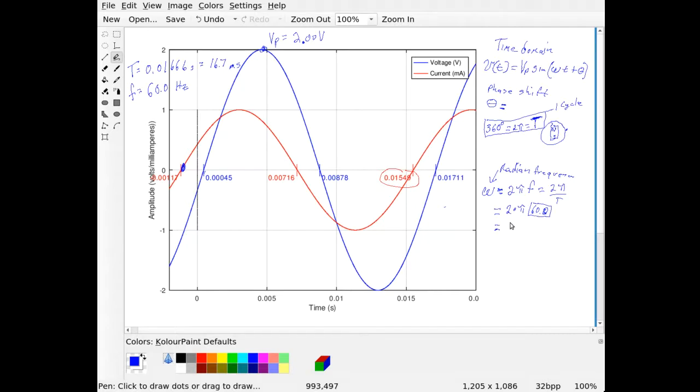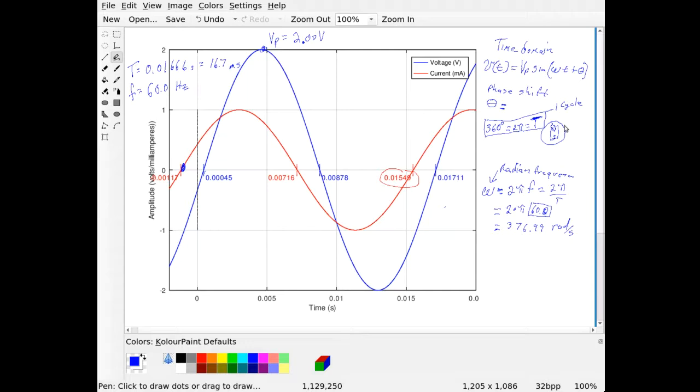And so when we calculate this now, I'll do it out to 5 digits first. Out to 5 digits, it's 376.99, and the units for that again are radians per second.